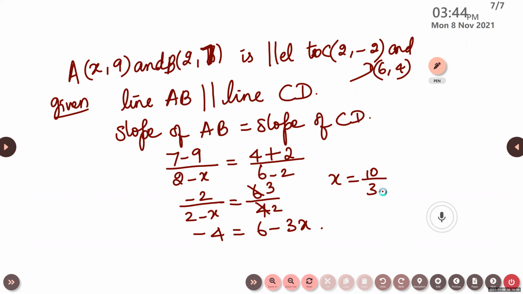Ma'am, you have given the answer also, right? Yes, I am asking what's your answer? What's the value of x you got? 10 by 3. What about the other children? Are you able to complete that one?